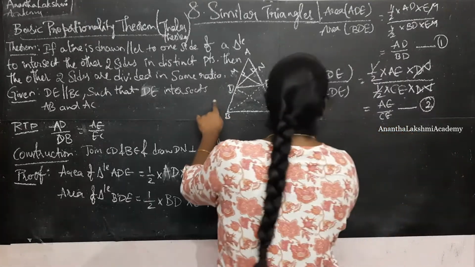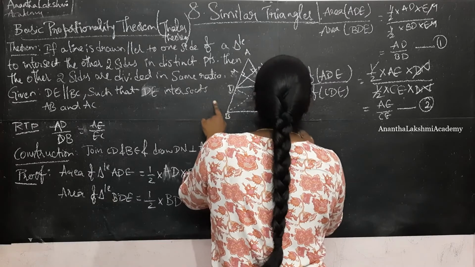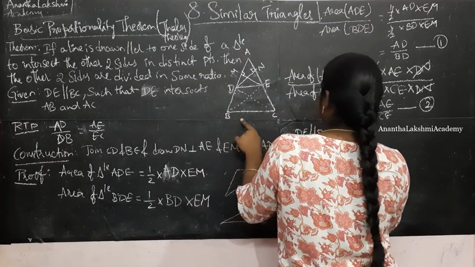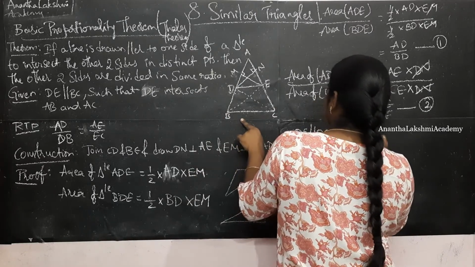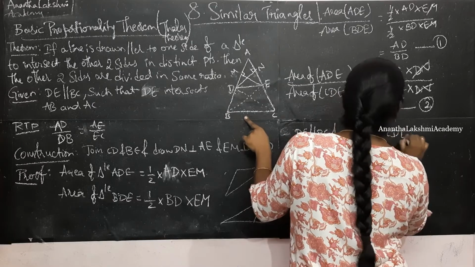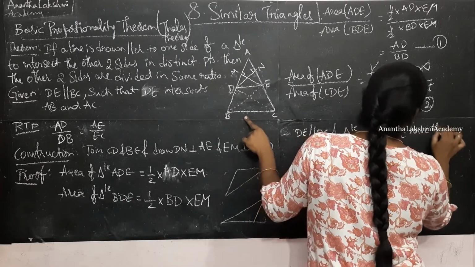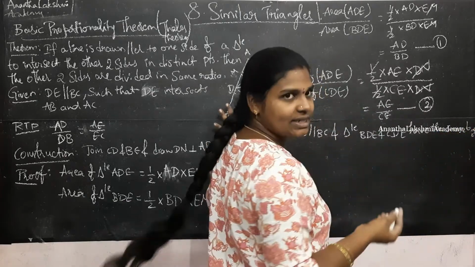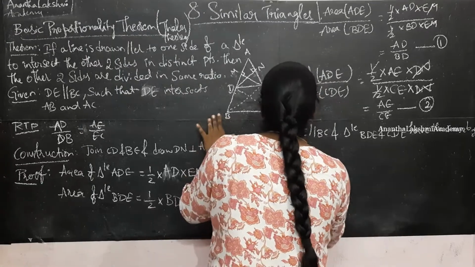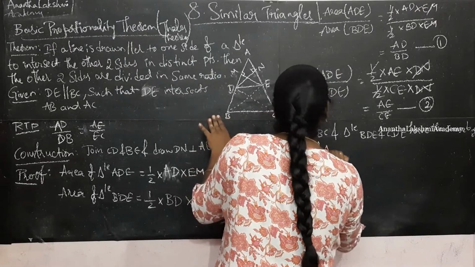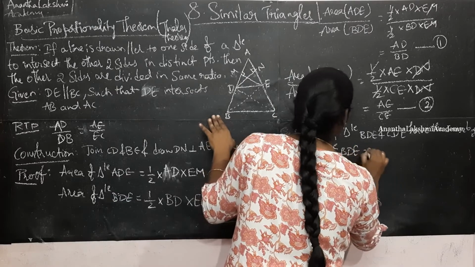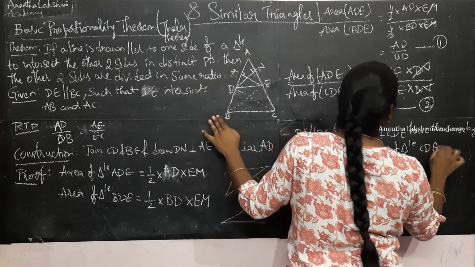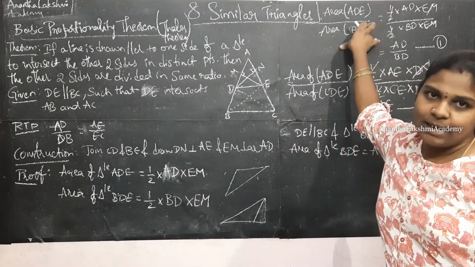Okay, given that DE is parallel to BC and triangles BDE and CDE have the same base, what happens? The area of the two triangles is equal. That is nothing but area of triangle BDE is equal to area of triangle CDE.